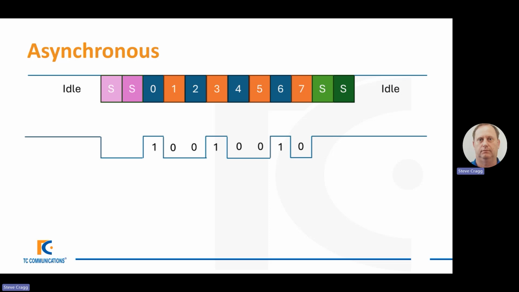So to get around this, what we do with asynchronous is we define on the transmit data line an idle tone. This is where the line is just continuously held as a 1. When you want to start sending data, and in this case, I'm showing 8 bits of data, 0 through 7, you would typically transmit two start bits, which are zeros.